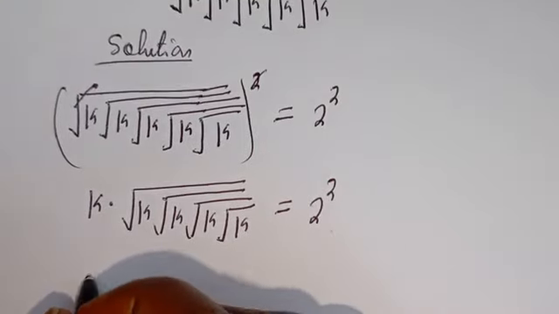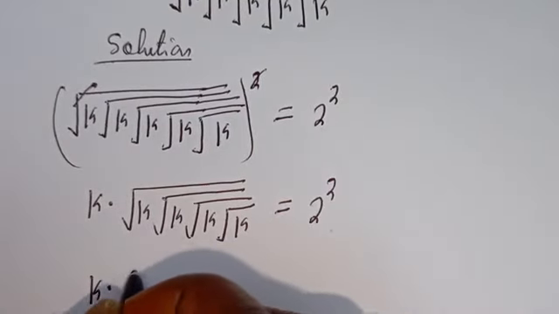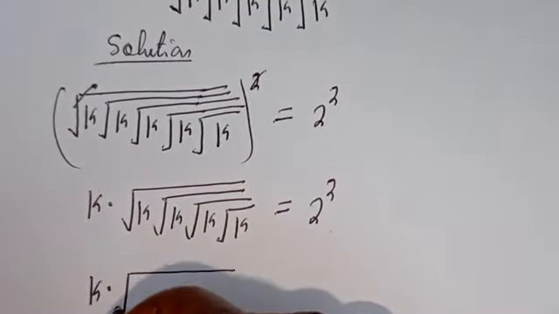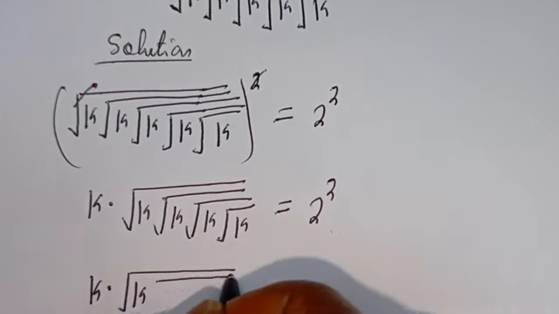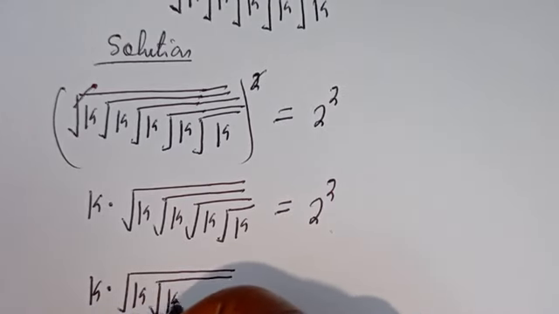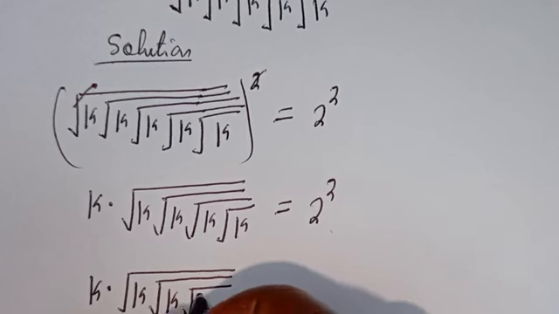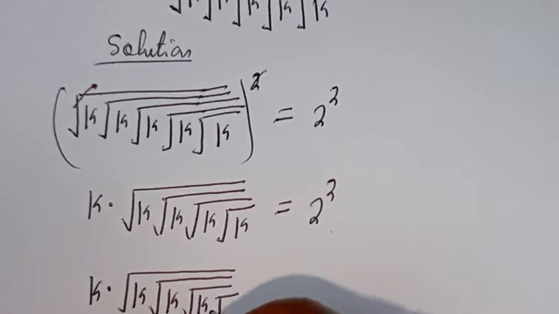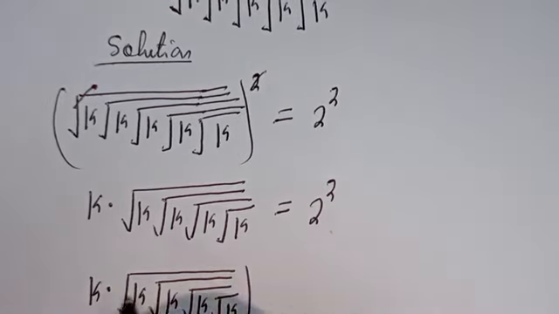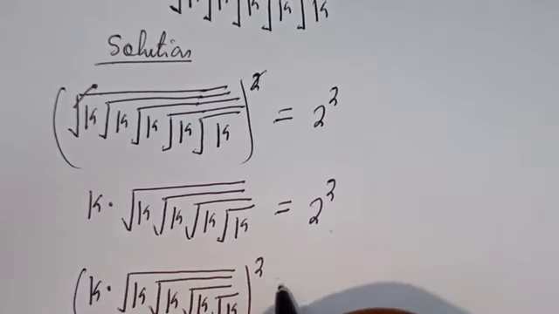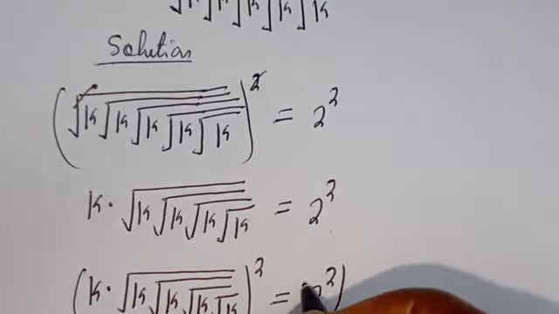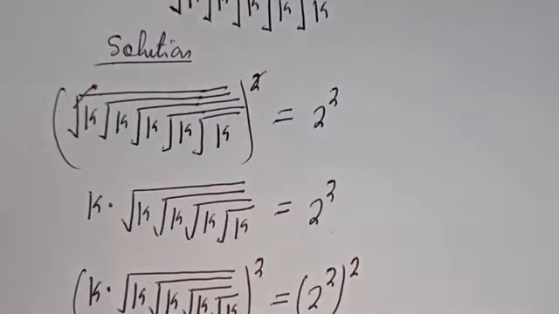Then here we have (k multiplied by the square root of k times the square root of k times the square root of k times the square root of k) all squared is equal to 2 squared squared.